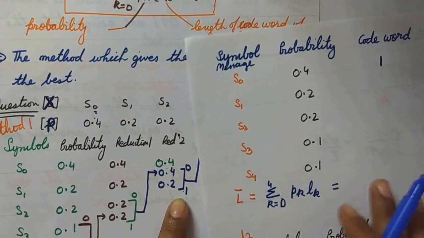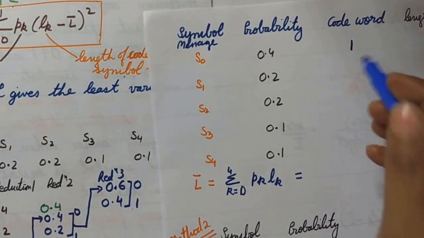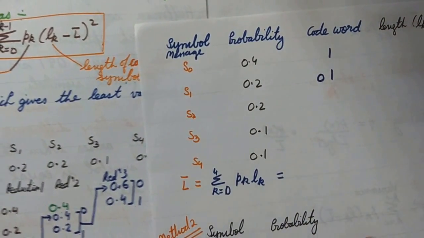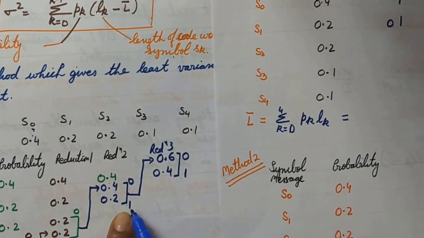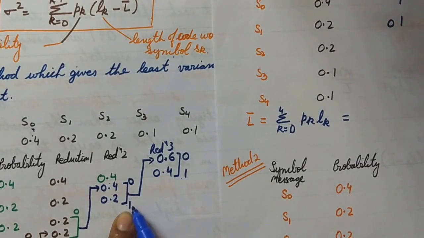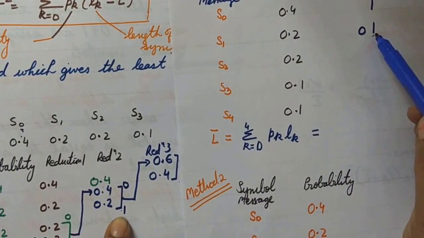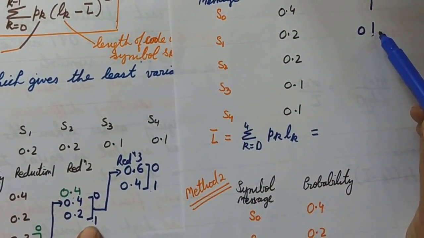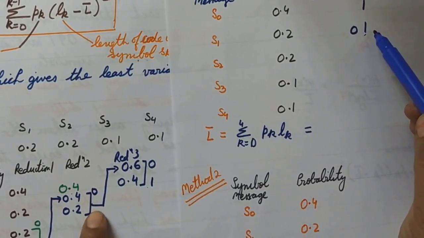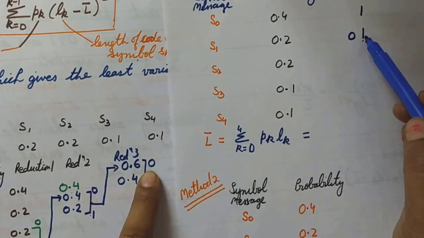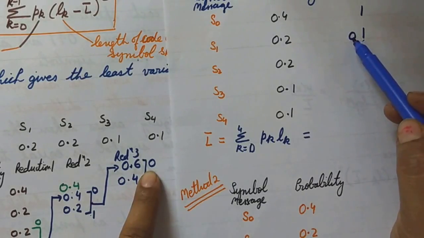So the code becomes, you will have to write in the backward direction, 0, 1. How 0, 1? Because you got 1 first, it will become the last bit. So I have put 1 at the back, and then this 0.2 has moved after combining into 0.6 and has got 0. So 0 will come in front.